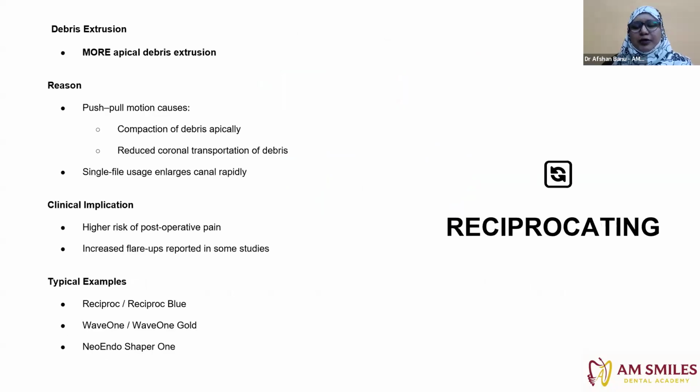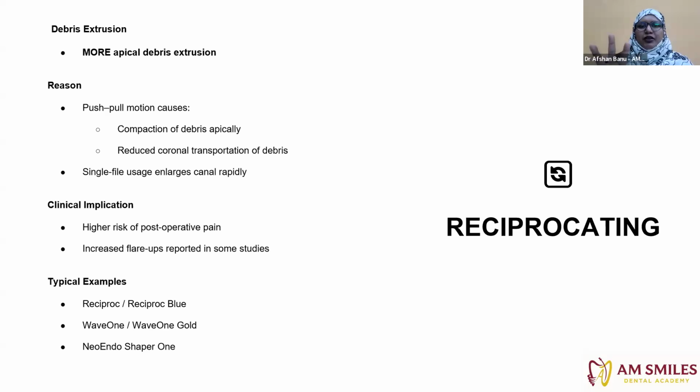When it comes to reciprocating files, when there is reciprocating action, the debris is pushed into the canal. Rather than being pushed towards the coronal, it is pushed into the apical region, because of which the pain when you use reciprocating files is more.